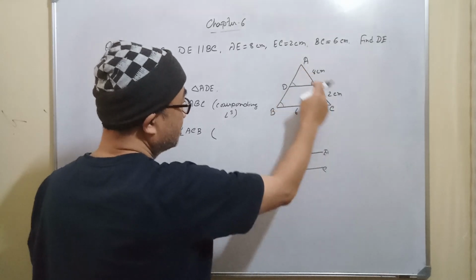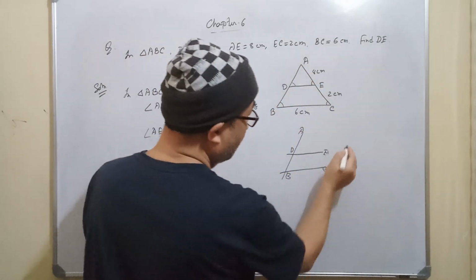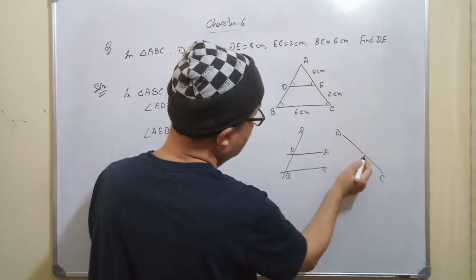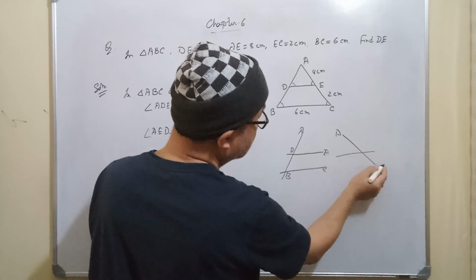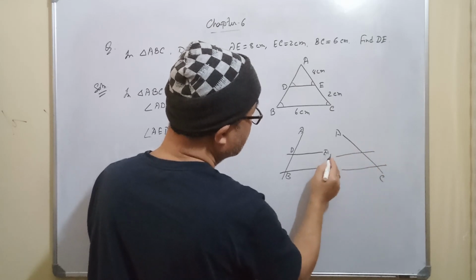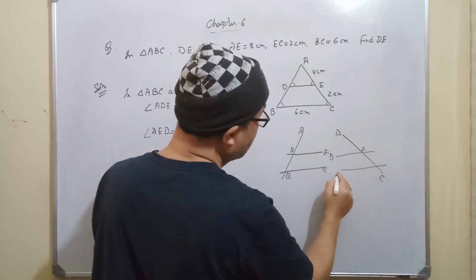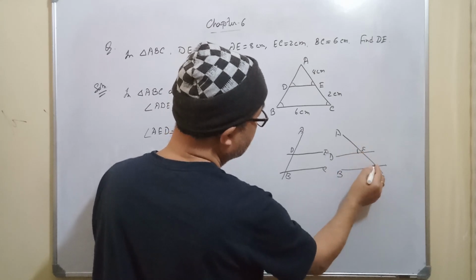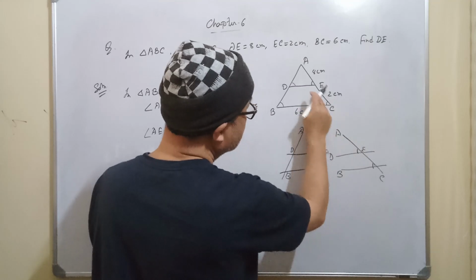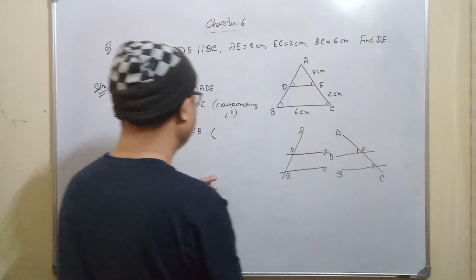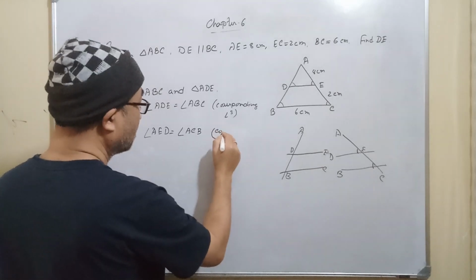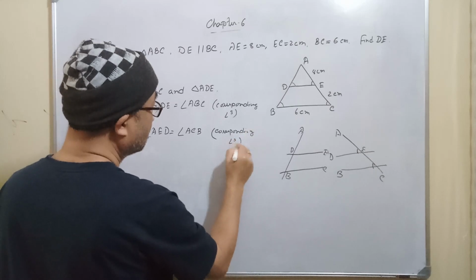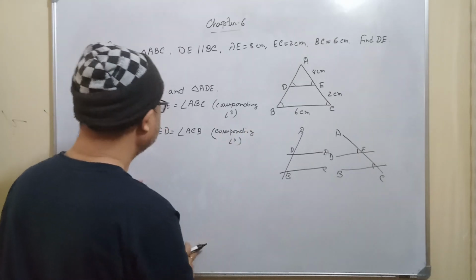AC acts as the transversal, and it cuts the two parallel lines DE and BC. So the corresponding angles are equal, these two angles. Corresponding angles, same reason.